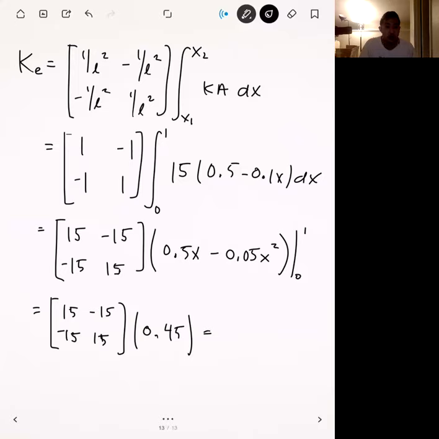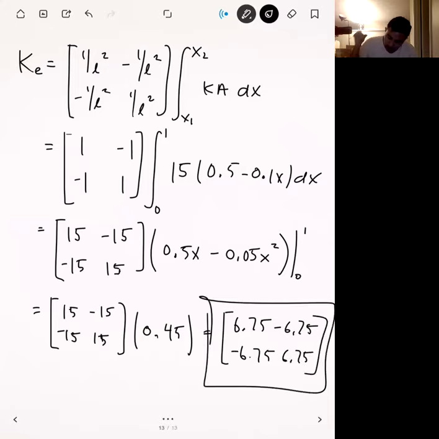What we get is 15 times 0.45. We get an element stiffness matrix of 6.75, -6.75, -6.75, 6.75. And so that's the element stiffness matrix for the first element.